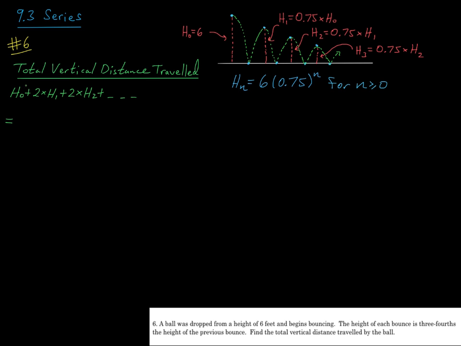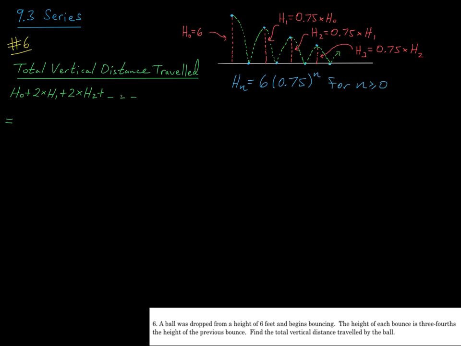So for that, well, we want the initial height, which is h0, and then I want to add to that h1 twice, right? Because it's going to rebound to h1 and then it's going to fall back down. So I have a 2 times h1 there, and then likewise I'm going to go up and then come back down. So 2h2, then 2h3, so on and so forth.